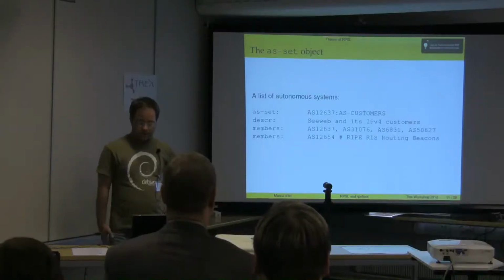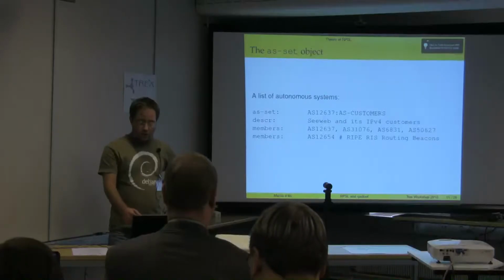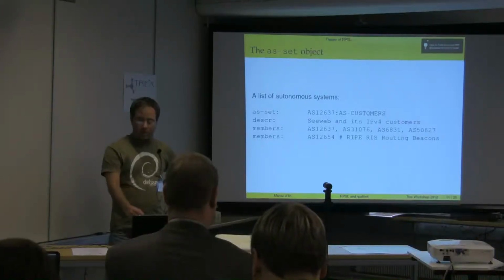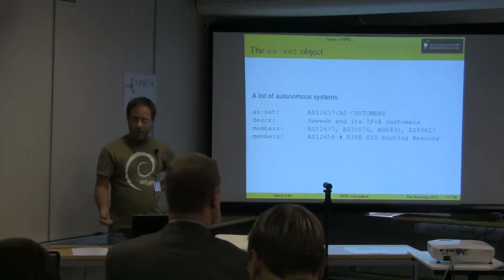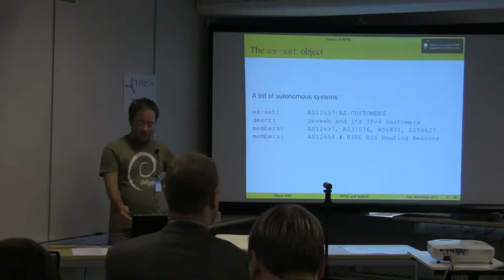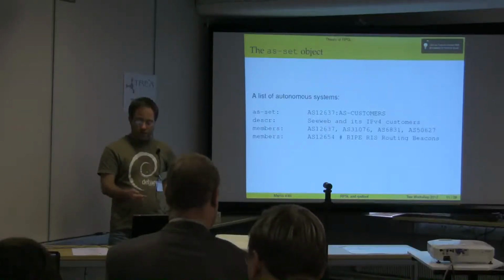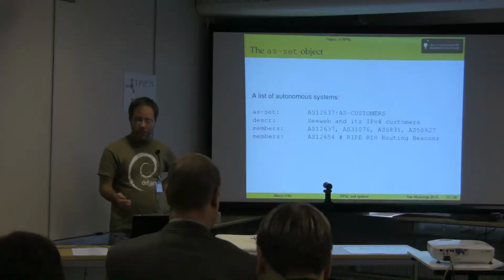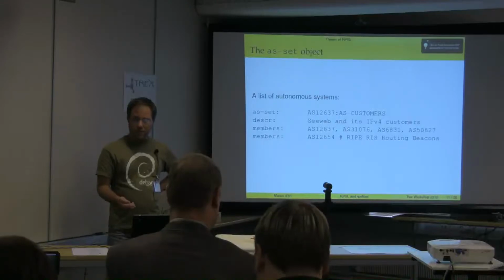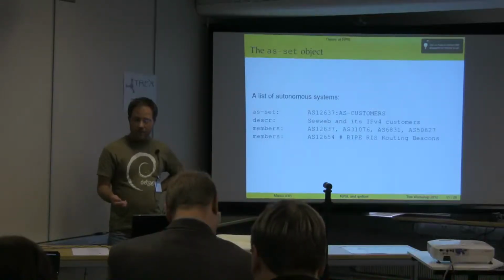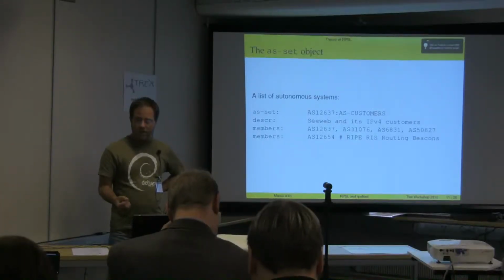This one is the real world object which lists my own autonomous system and my downstream customers. This means that if you look up each route announced by these autonomous systems, you will be able to build a complete and correct prefix filter for peering sessions to me.